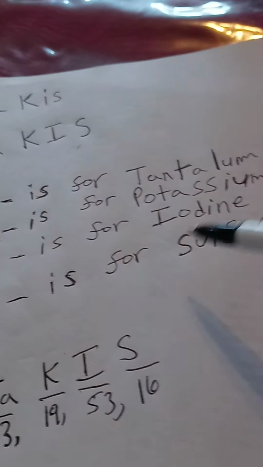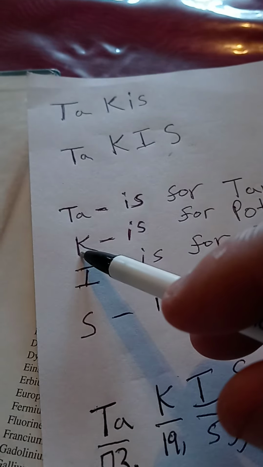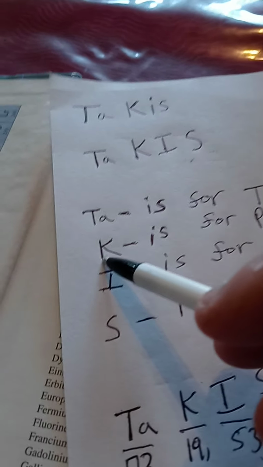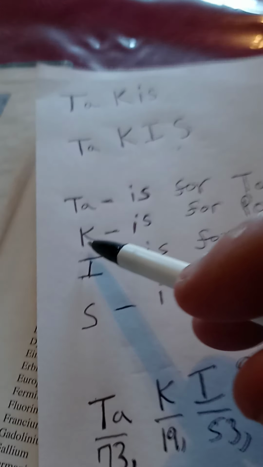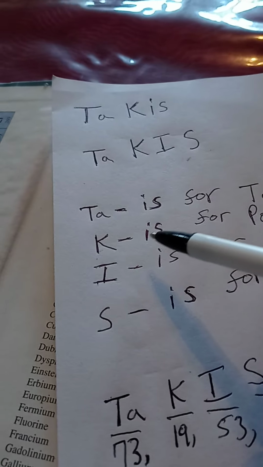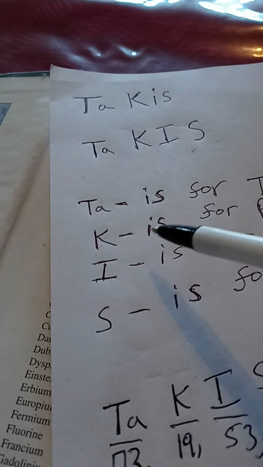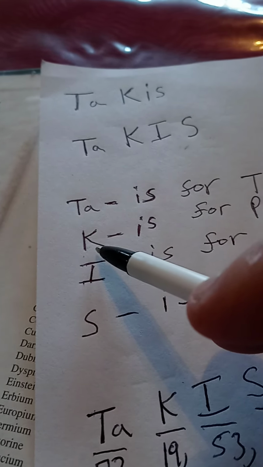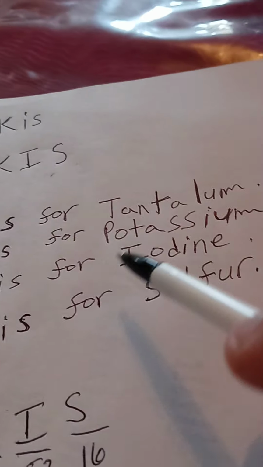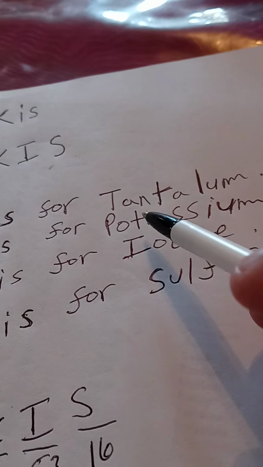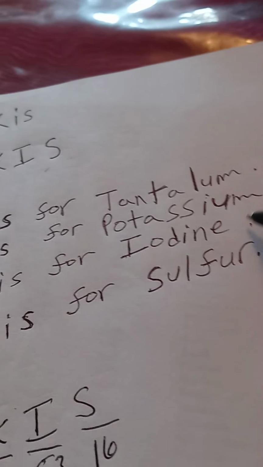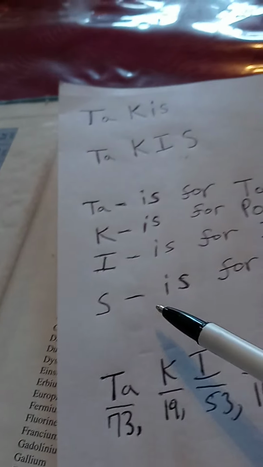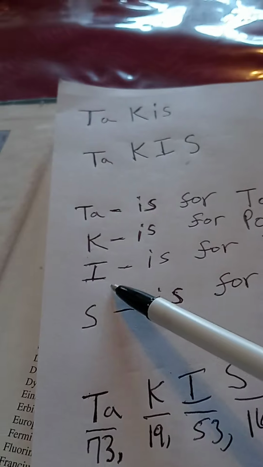Be careful, because potassium starts with a P, and the symbol is a K. All the chemical symbols are not always spelled the same way as the element's name. This K is for potassium, and potassium is spelled P-O-T-A-S-S-I-U-M. Okay, and then you got the capital I.